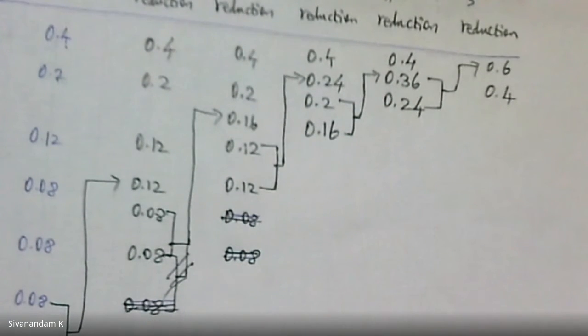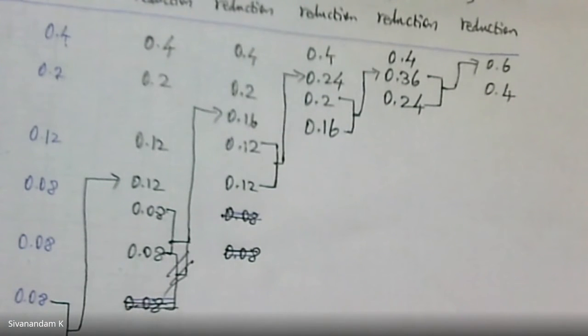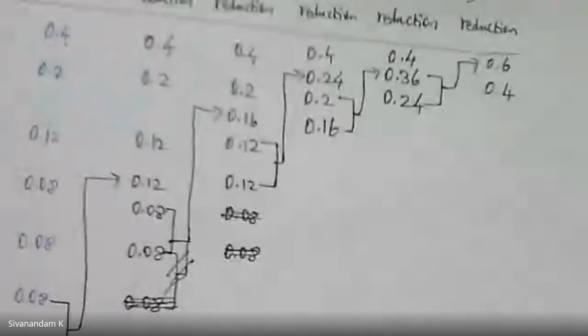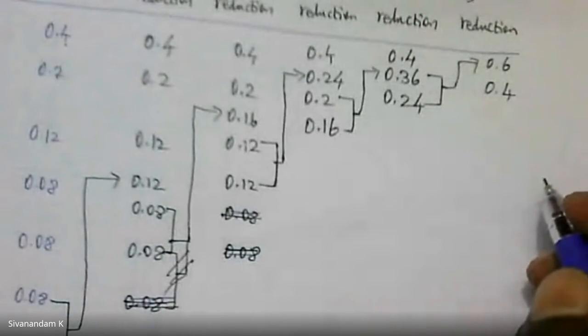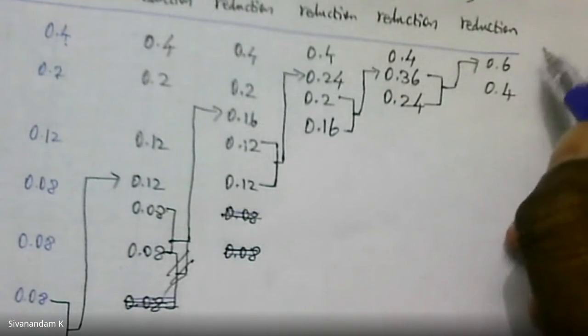So we need to continue this process until the probabilities are grouped into two values. Here we reach the final stage. From the final stage, we need to assign the binary values.